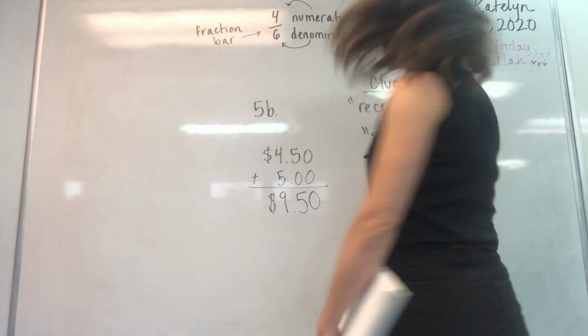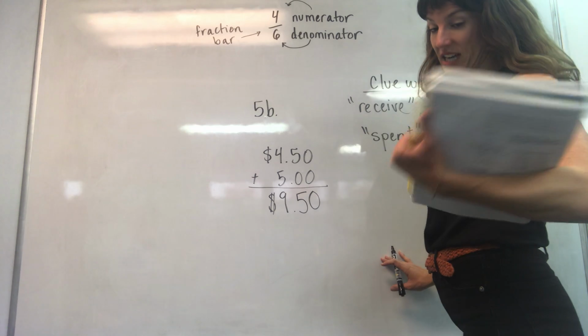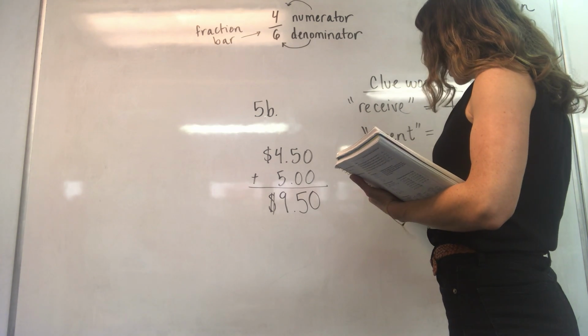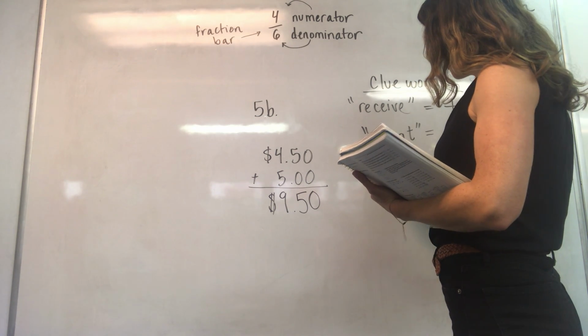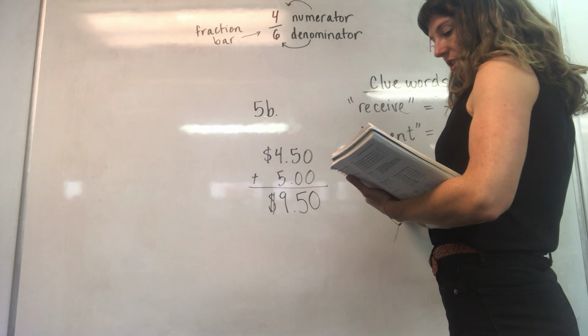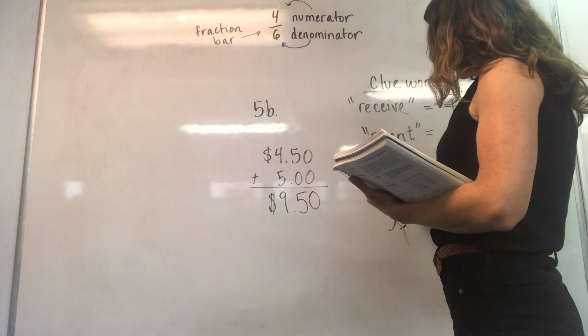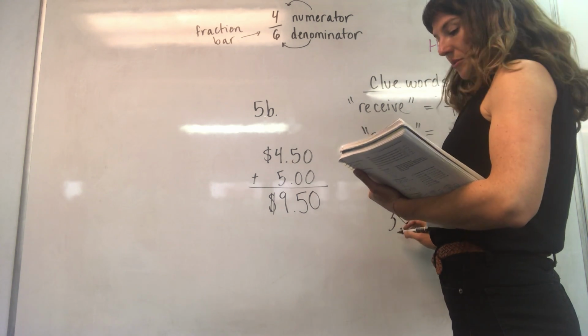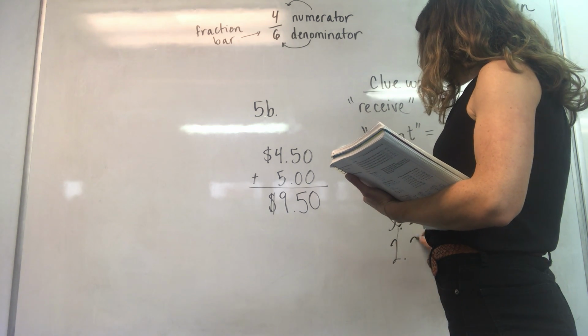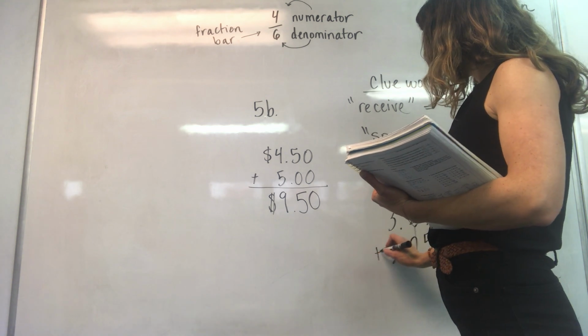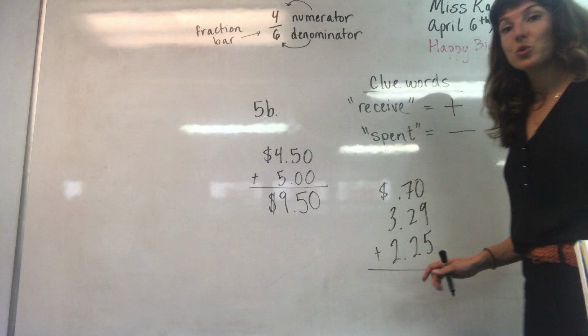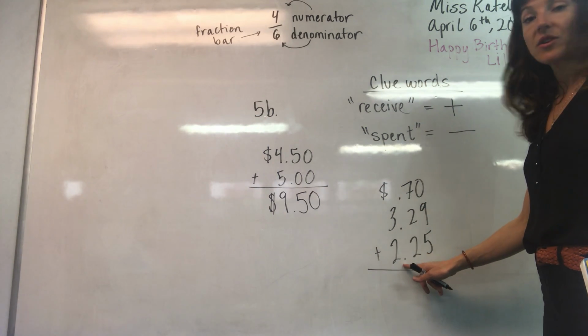What I like to do is add up what we're going to subtract as a group first. All right, so 0.70 for candy, 3.29 for her brother, and 2.25 for her church.